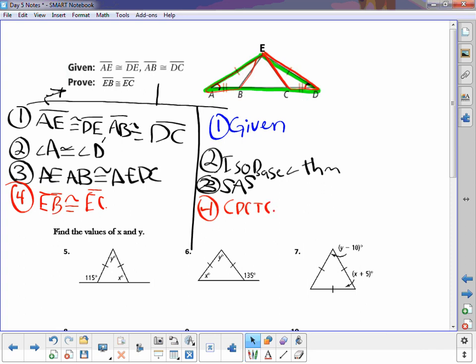Favorite reason, CPCTC. All right, do we agree with this? Yeah, we've got 2 sets of congruent triangles. So now I can say any of those corresponding pieces are congruent. Now we are specifically interested in these ones. So I can say that this is congruent to this. CPCTC. Awesome. What else could we say about triangle EBC?